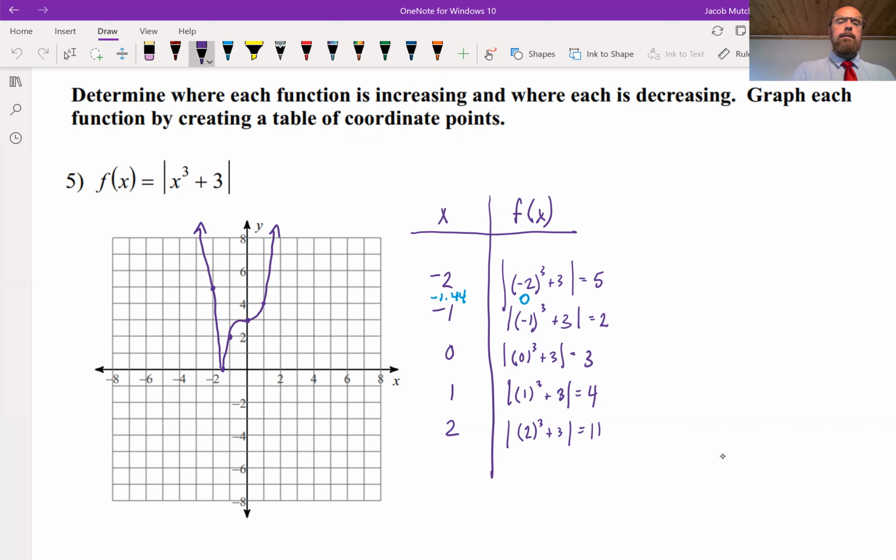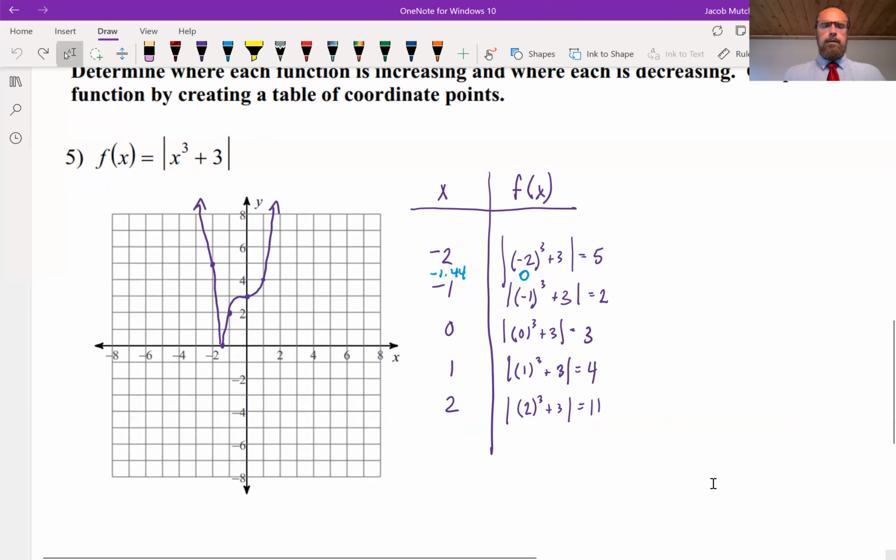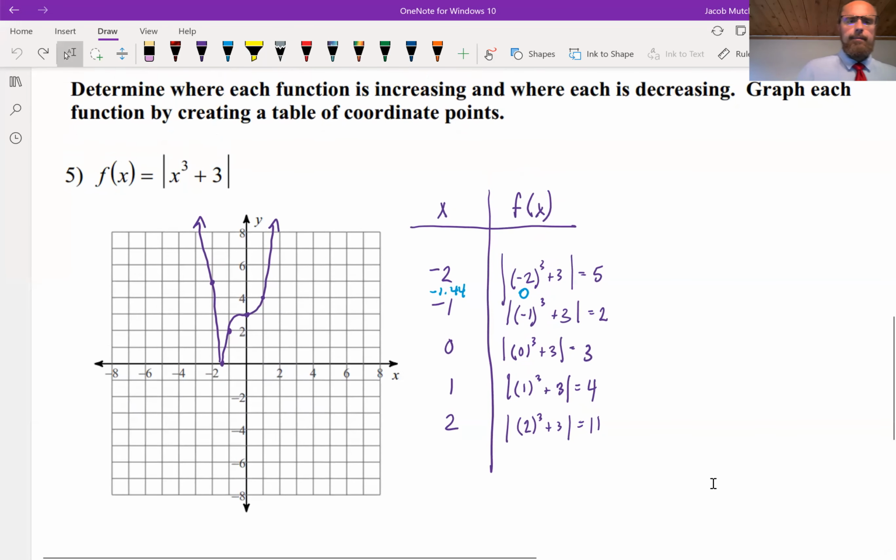It's specifically reflecting this left-hand piece, which would have been facing downward, it would have been decreasing. So again, what we need to do is just say, where do we think this function is going to be decreasing? Where do we think it's going to be increasing? So I'm going to grab the highlighter here.